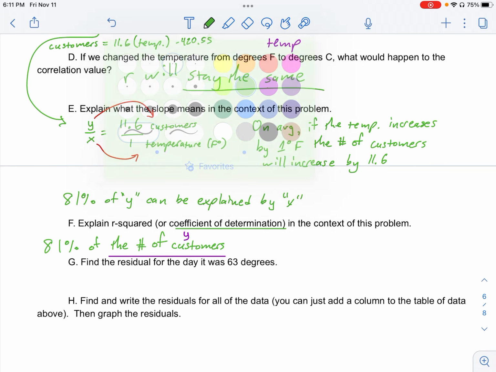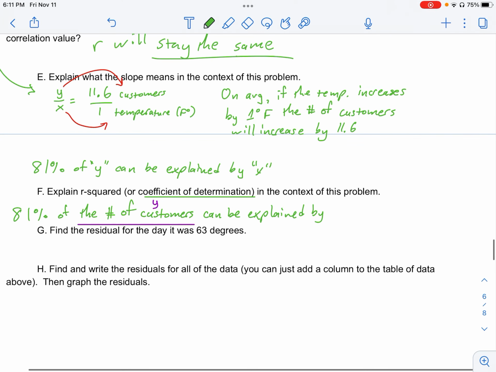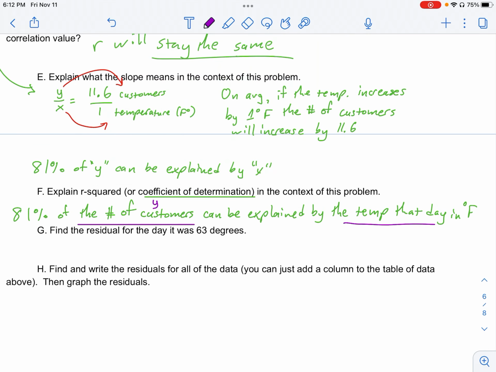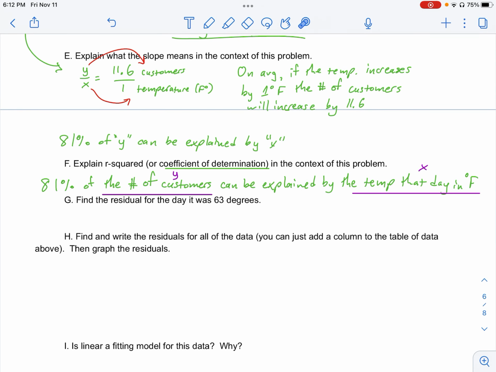Don't say Y, give me the context. It can be explained by the temperature that day in degrees Fahrenheit. That's your X variable. This phrase, can be explained by, you might hear it said as can be determined by.